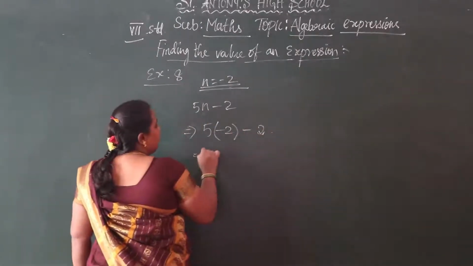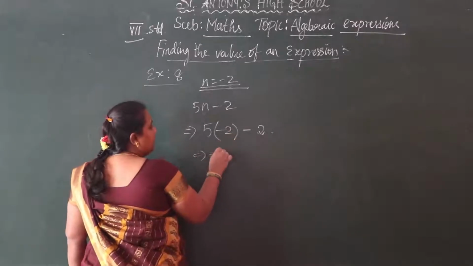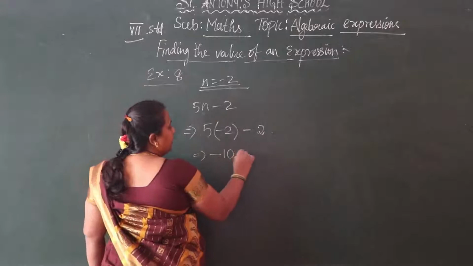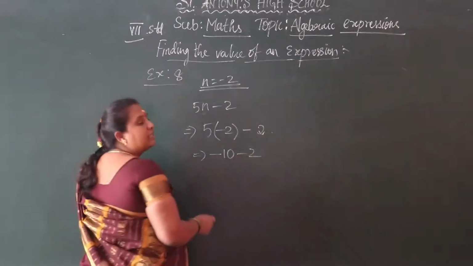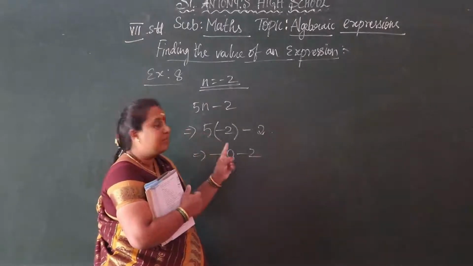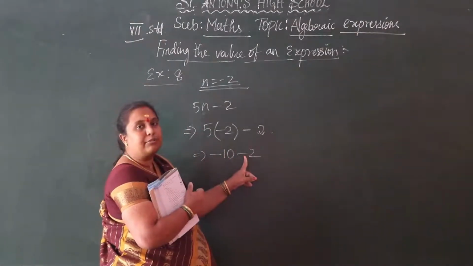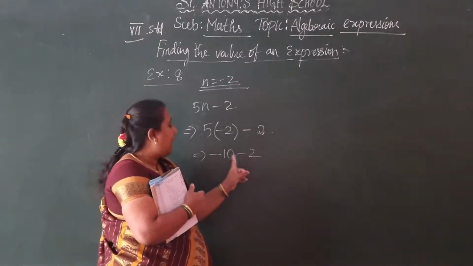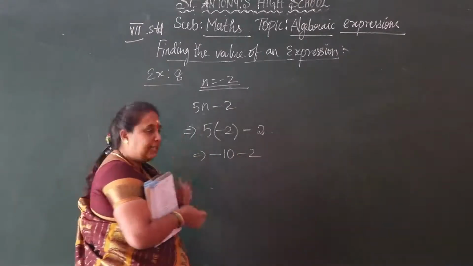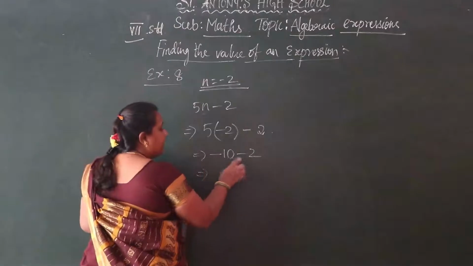Okay, so that is 5 into minus 2 minus, plus into minus minus, 5 2s are 10. So minus 2 again. So minus into minus, minus into minus plus. Okay, minus into minus. See, minus minus we have to add. So we are adding these two numbers and we are writing common sign minus. Okay, don't forget to write minus.